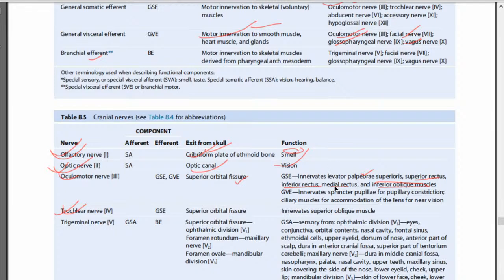Somatic means muscles. What else? General visceral efferent supplies the eye at the iris: the sphincter pupillae for pupillary constriction and the ciliary muscles. That is general visceral efferent. You getting it?